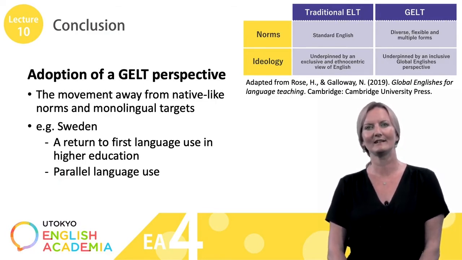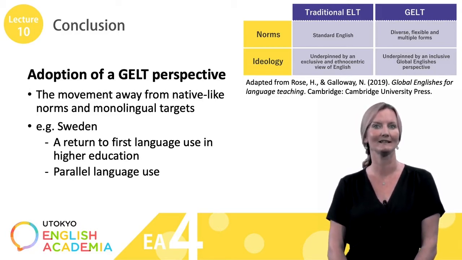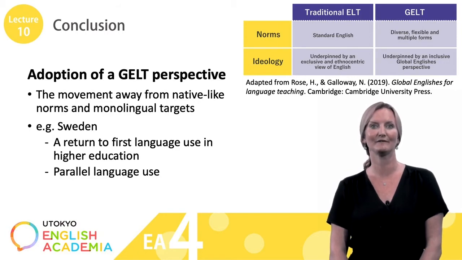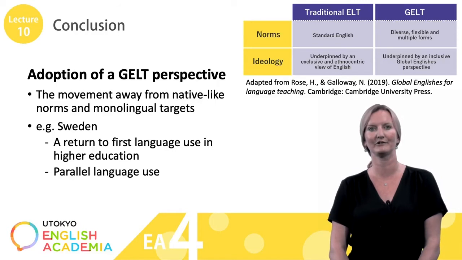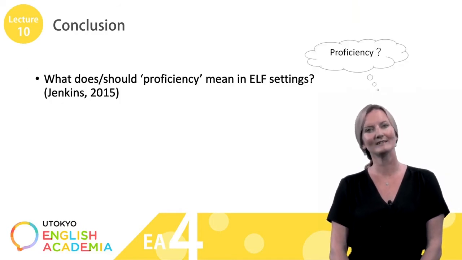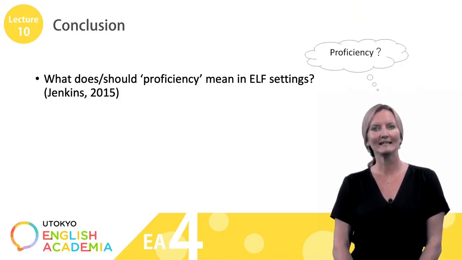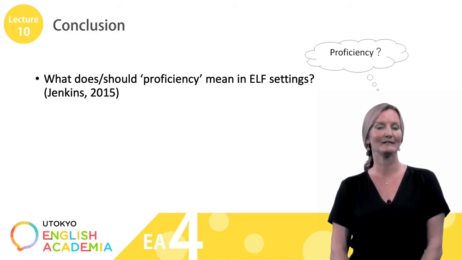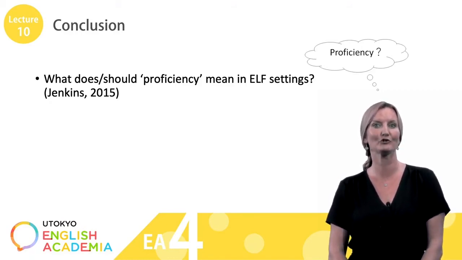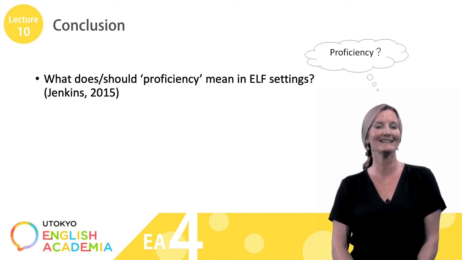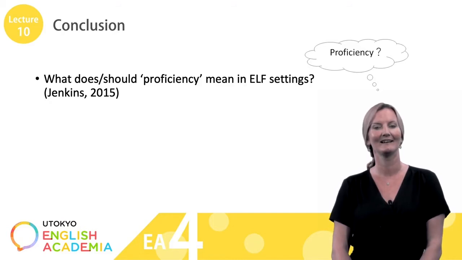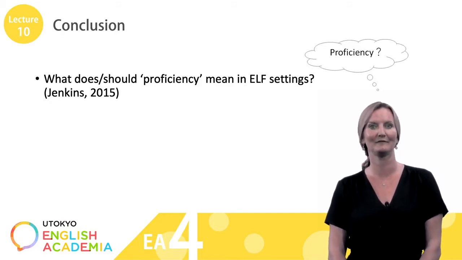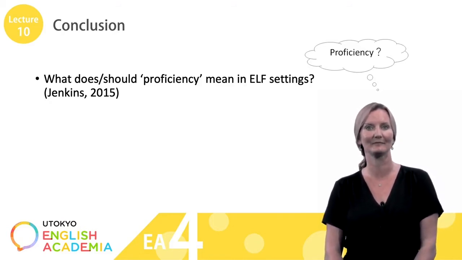However, recent research into nations which made the early switch to English education, like Sweden, have indicated a return to first language use in higher education, particularly with parallel language use. As Jenkins notes, one of the key issues that needs to be explored is what proficiency means, or should mean, in a setting that is, by definition, an ELF rather than a native English setting, and therefore also, by definition, a multilingual setting.